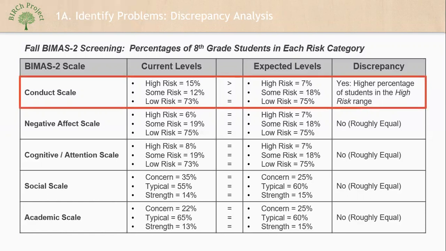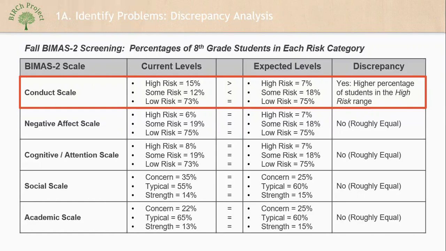For each scale, we have an expected level at which we expect a certain percentage of students to fall in each risk category or risk range. So based on our school-wide data or cutoffs for risk, historically, we would expect that 75% of our students would fall in the low risk range. About 18% would fall in the some risk range, and 7% would fall in the high risk range.